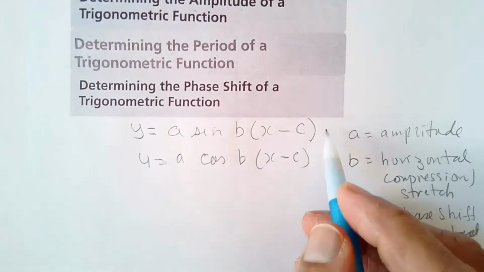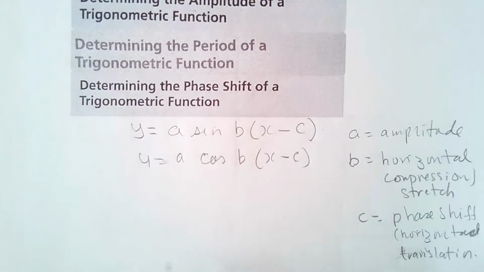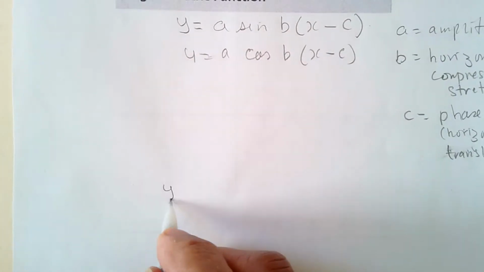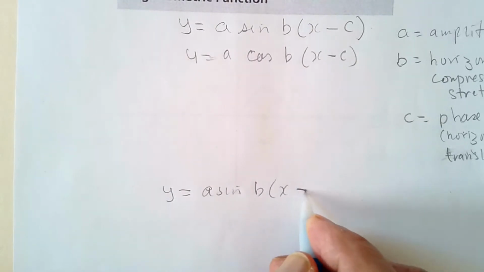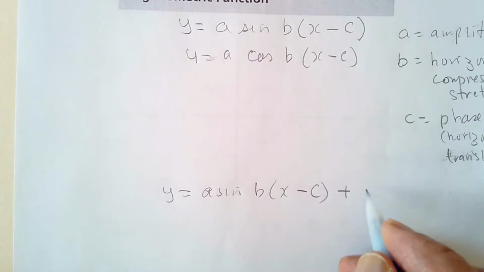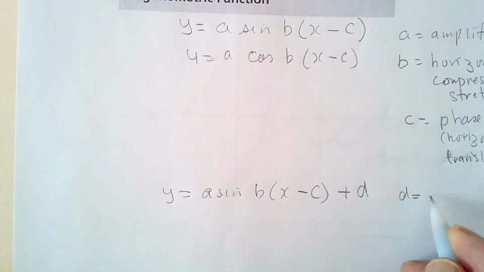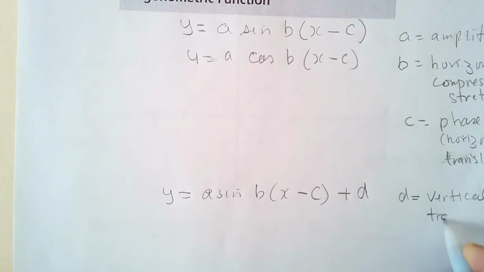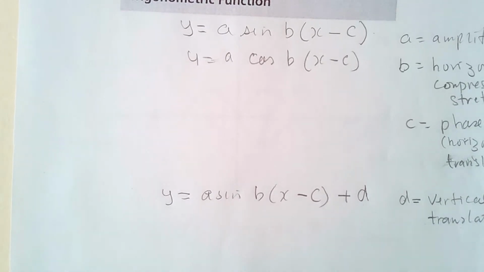The next thing we'll add is a vertical translation, which we haven't had yet. So in the next class, y is equal to a sine b into x minus c plus d, and the d in this case is your vertical translation. So we can look at different forms of transformation.